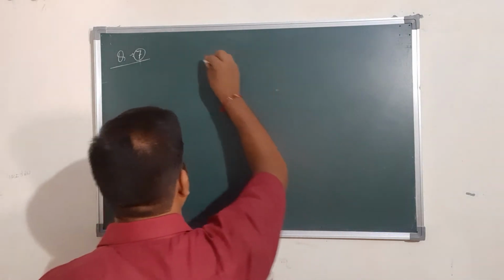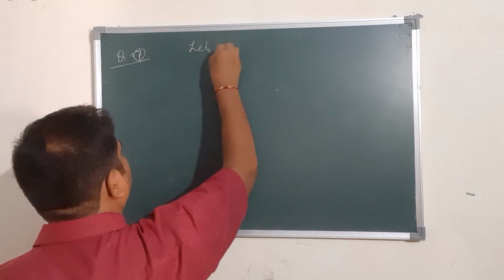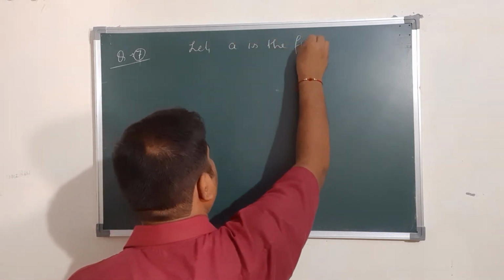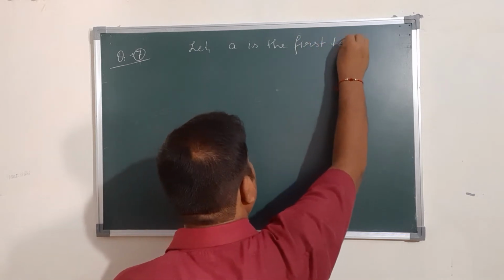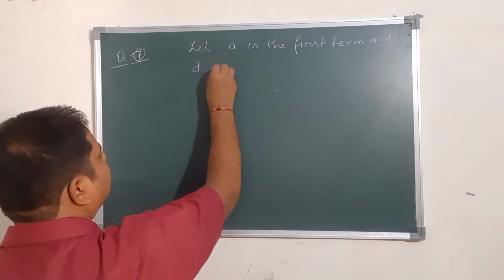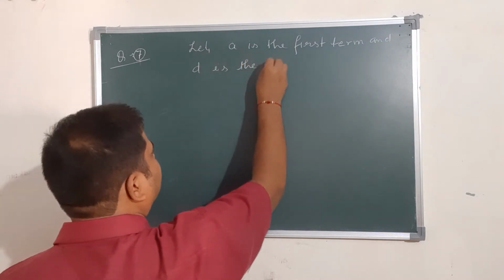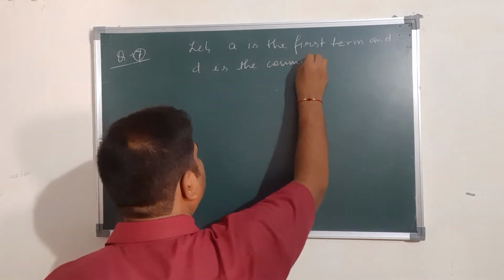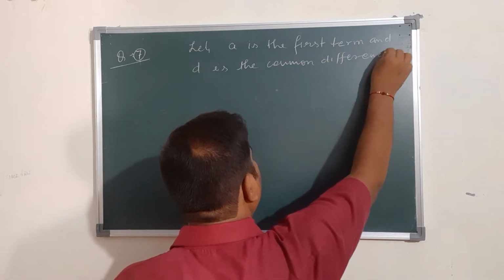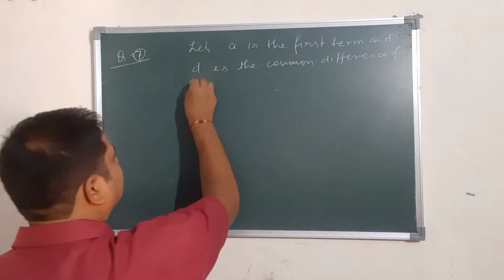So let A be the first term and D be the common difference of the given AP.